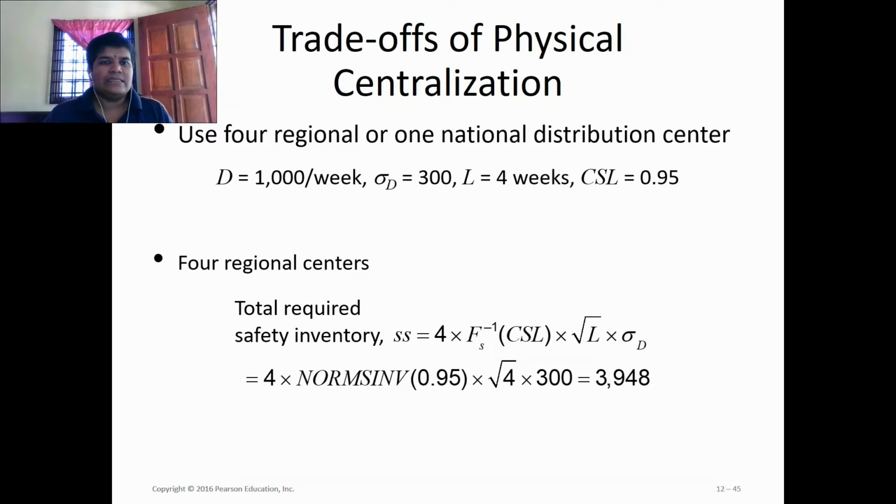D is 1000 per week, standard deviation is 300, lead time is 4 weeks, and CSL is 0.95.